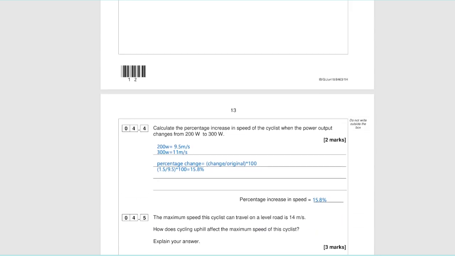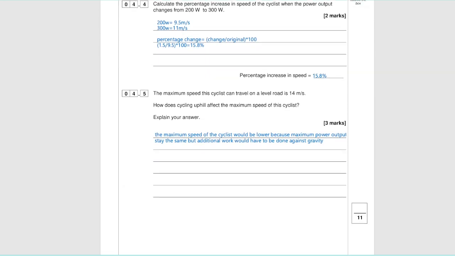And the formula for percentage change is just a math thing. It's the change over original times 100. So you can see the change between 9.5 and 11 is 1.5. So it's 1.5 over the original speed, which is 9.5, times 100, and that gets you a percentage increase of 15.8%.